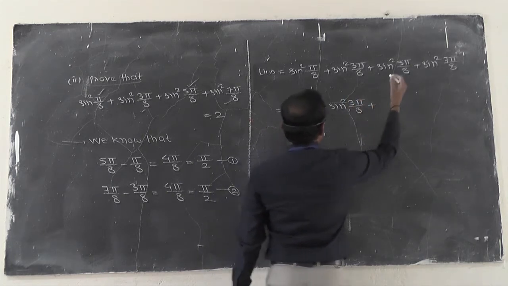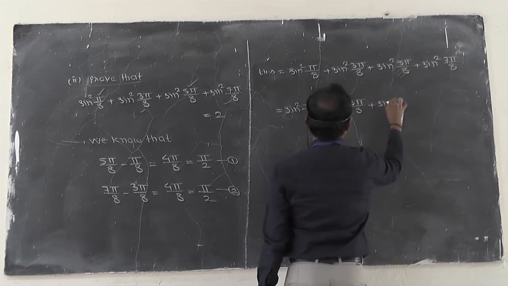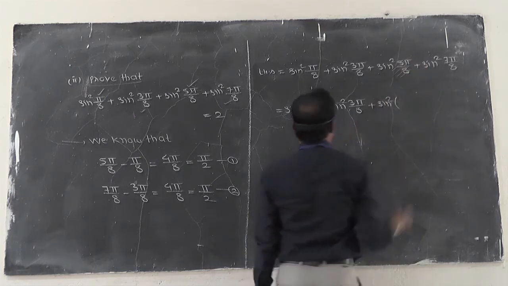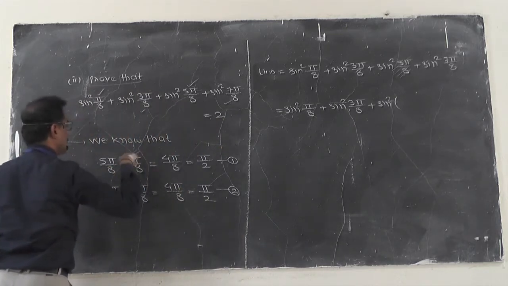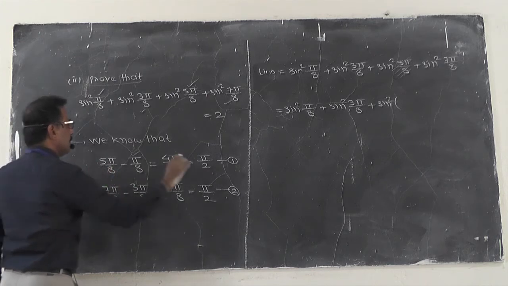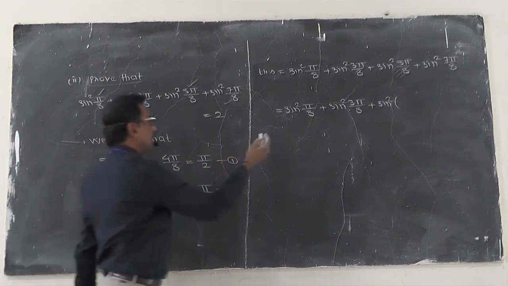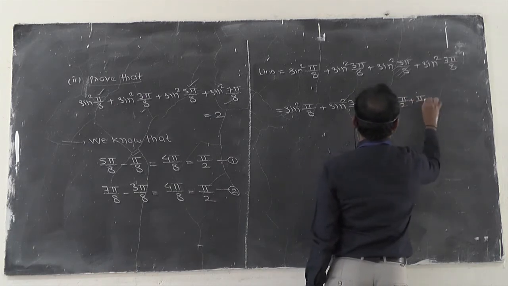Now it is your prime duty to transfer this 5 pi by 8. How is 5 pi by 8 replaced by pi by 8? What is 5 pi by 8 equal to? It is pi by 2 plus pi by 8. So we will write sine square of pi by 2 plus pi by 8.